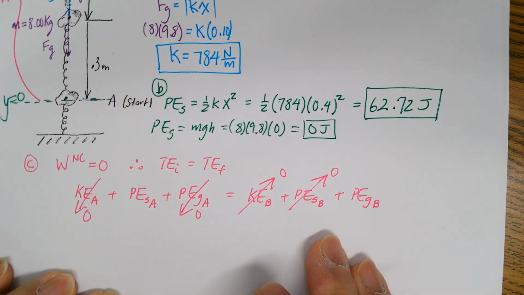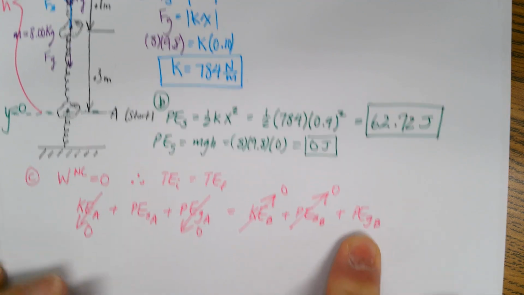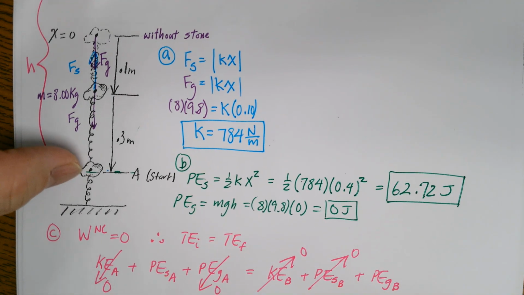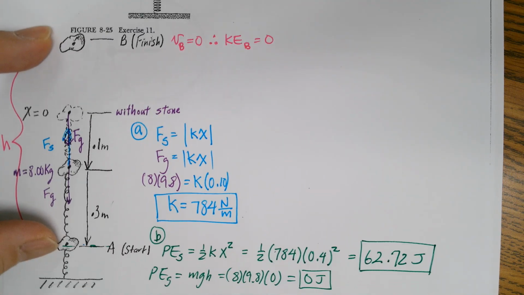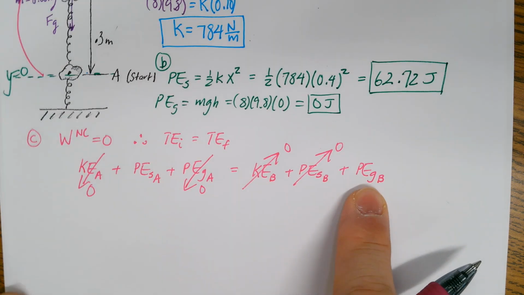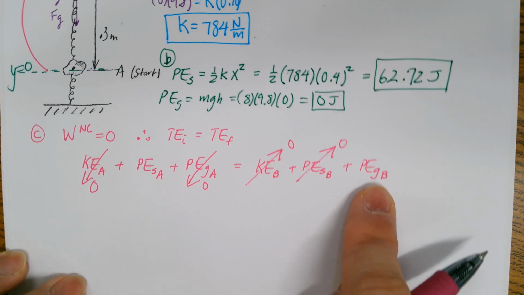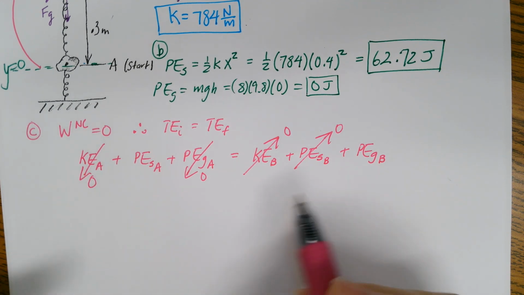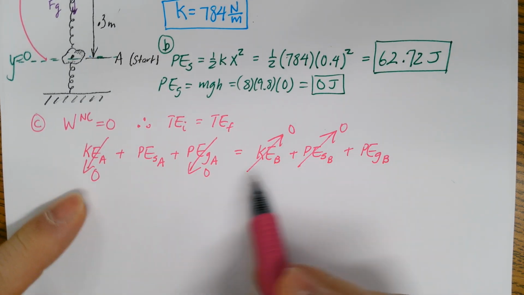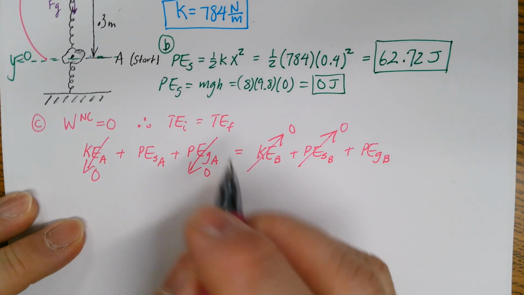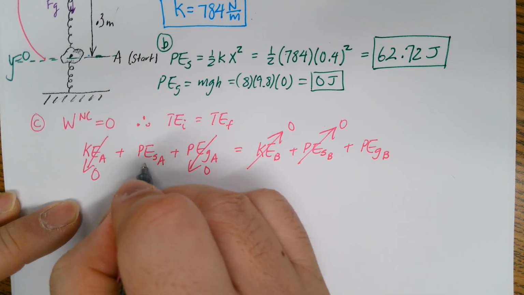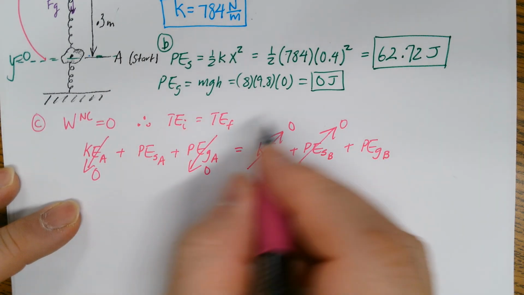All right. So the only thing that I have up here is potential energy of gravitation at B. Therefore, notice how these go to zeros and these two are the only ones remaining. So here, potential energy of spring at A, we already know what that is.